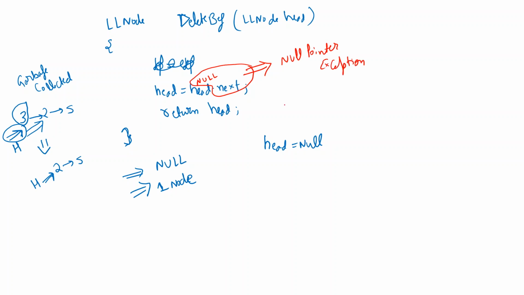So even though your code seems to work fine in this particular example, this will not work if head is null. This is an important thing which you need to check. So if head is equal to null, if there is no linked list, don't do anything. Return null. So this is now covered.